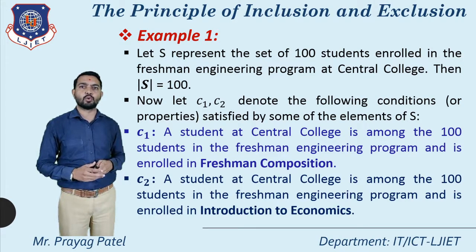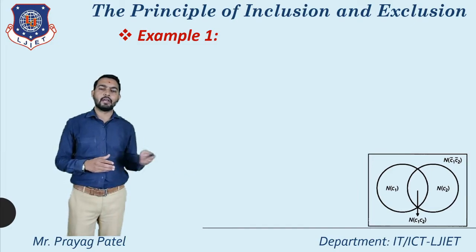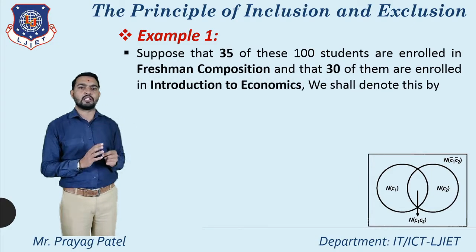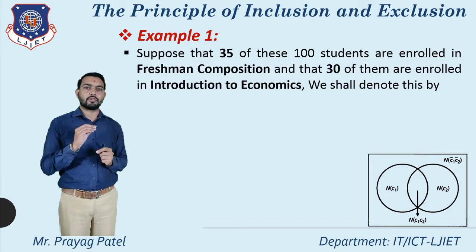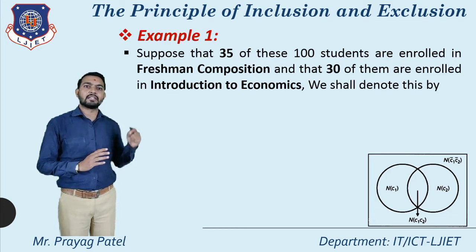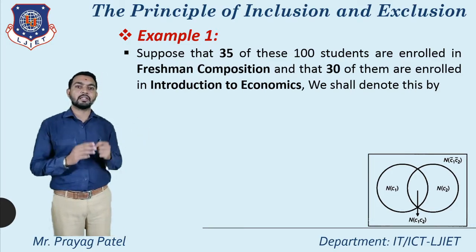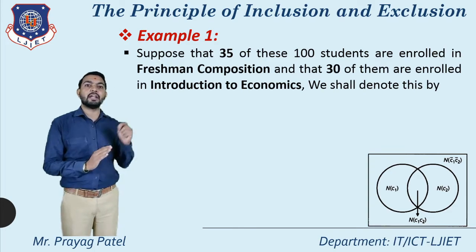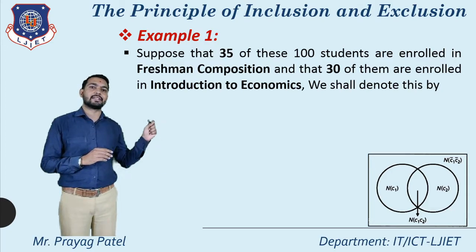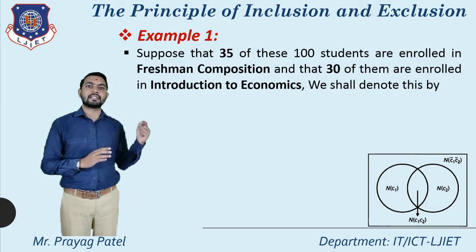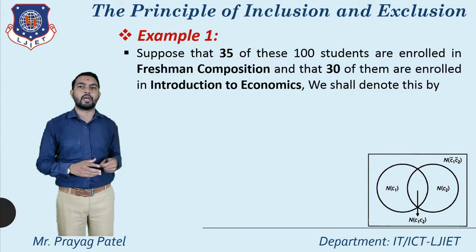These two, C1 and C2, are the conditions for the students of S. From C1 and C2 we represent N(C1), N(C2), N(C1C2) and so on. N(C1) is the number of students satisfying condition C1. N(C2) is the number of students satisfying condition C2. N(C1C2) is the number of students satisfying both conditions C1 and C2, meaning enrolled in both programs. And N(C1'C2') means the number of students not enrolled in any program.